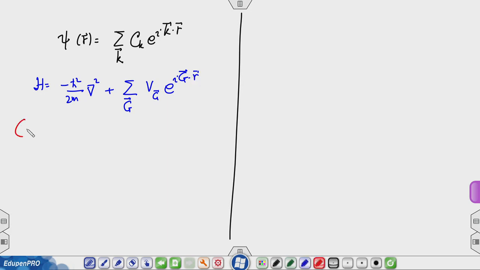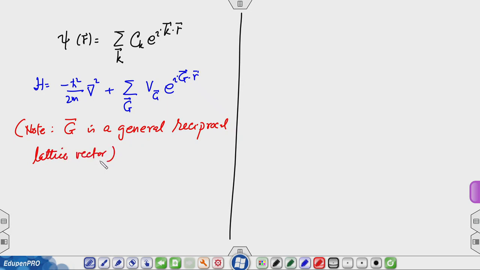So, let me note here, g is a general reciprocal lattice vector. This is just to keep the notation simple. You substitute psi in h. So, I am going to get h psi equals summation over k epsilon k c k e raised to I k dot r.